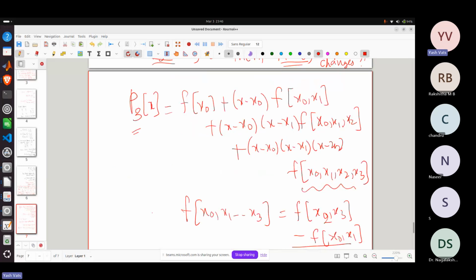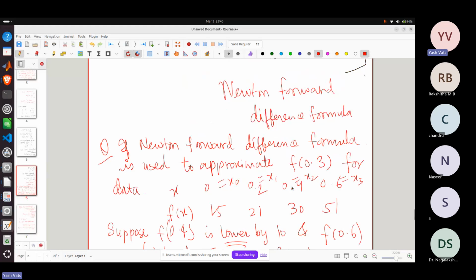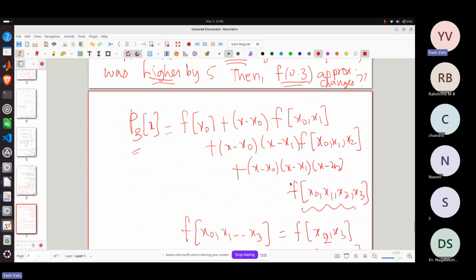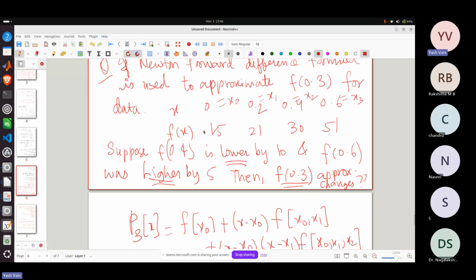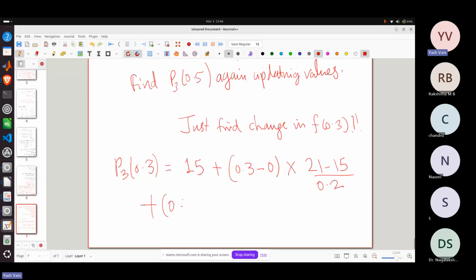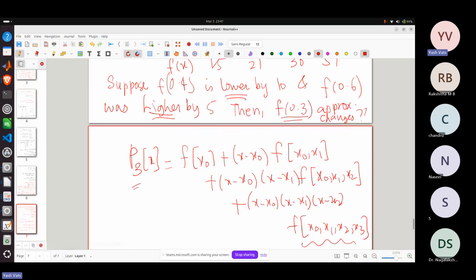Similarly, you go with (x minus x naught)(x minus x1). So it is just (0.3 minus 0)(0.3 minus 0.2). I'm writing it whole so that you can understand it. (0.3 minus 0)(0.3 minus 0.2) times f[x naught, x1, x2].